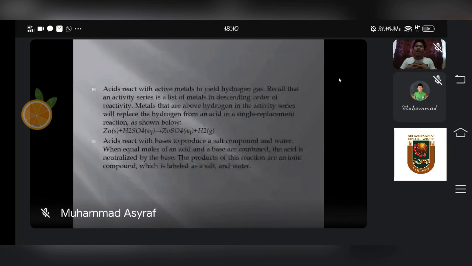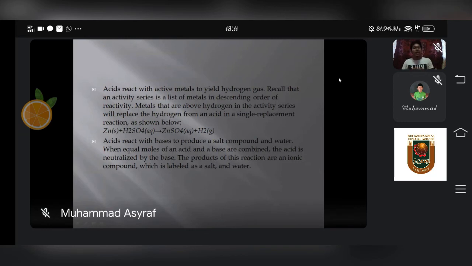Acids react with active metals to yield hydrogen gas. Recall that an activity series is a list of metals in descending order of reactivity. Metals that are above hydrogen in the activity series will replace the hydrogen from an acid in a single replacement reaction, as shown below: Zn(s) plus H2SO4(aq) gives ZnSO4(aq) plus H2(g).